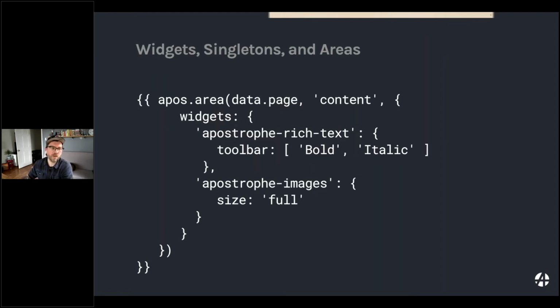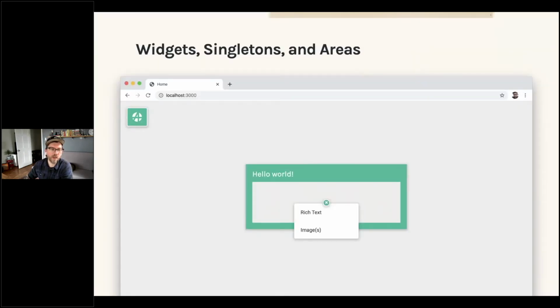Very similar again, I'm going to tell it the object I'm going to save my data to, the area where it's going to go, and my widget definition. So changing that area in my template should now give me something like this, where the editor has the ability to select either of these items that they want to add to that area and visually rearrange them on the screen.